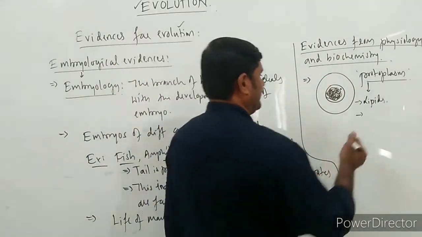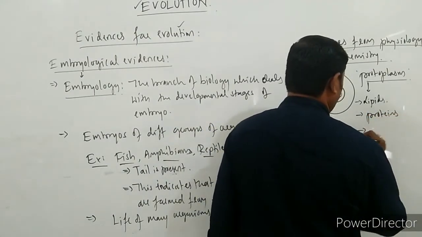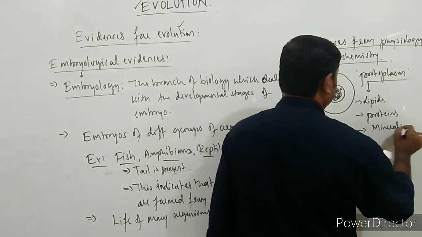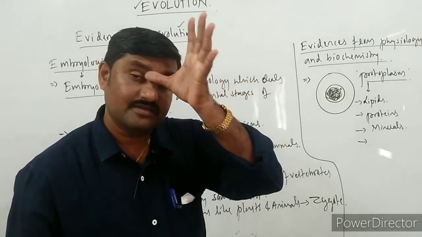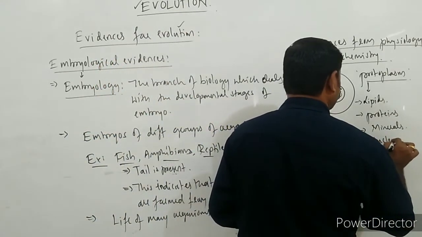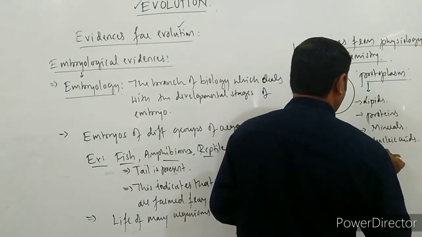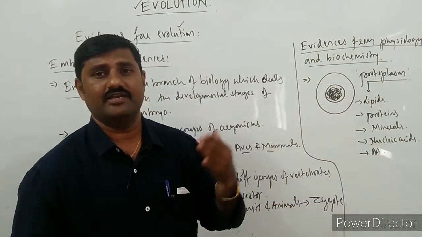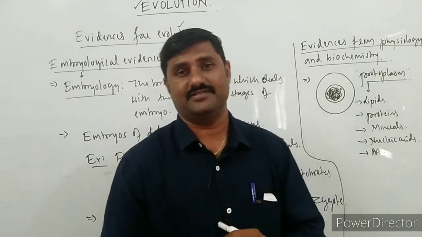It contains lipids, it contains proteins, right? It contains some minerals, and it may contain nucleic acids. Nucleic acids and amino acids are all chemically similar in different groups of organisms. So what does it suggest to us?